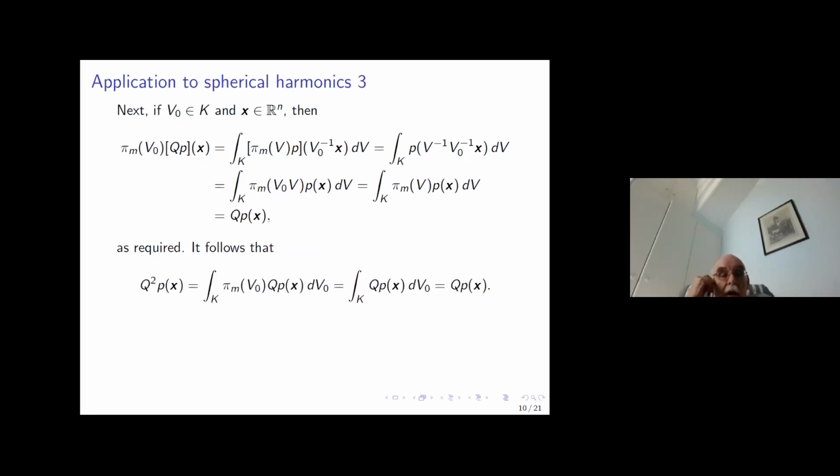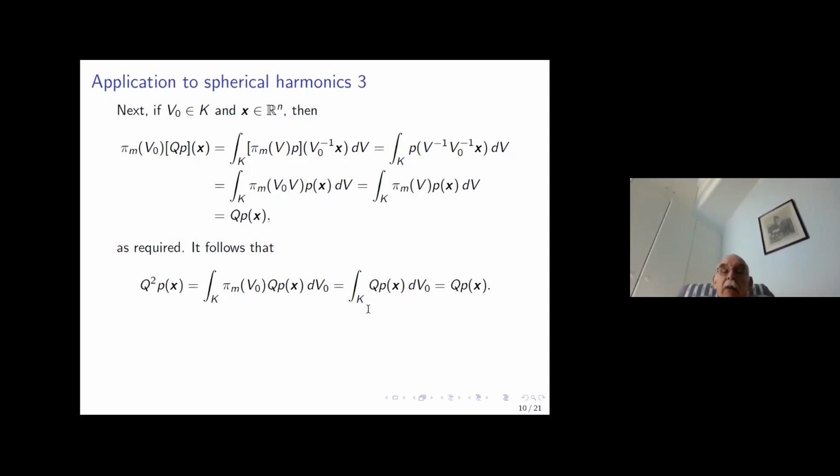So that means in particular, if I apply Q again, I apply all of these things and then I integrate again with respect to these v0. But if I'm integrating over K these rotated versions of QP, and each of these is just the same as QP, then I'm just integrating QP.